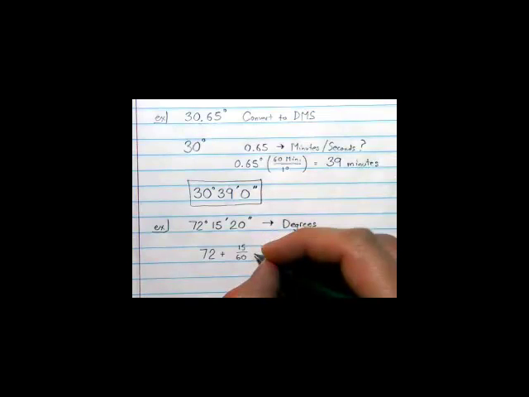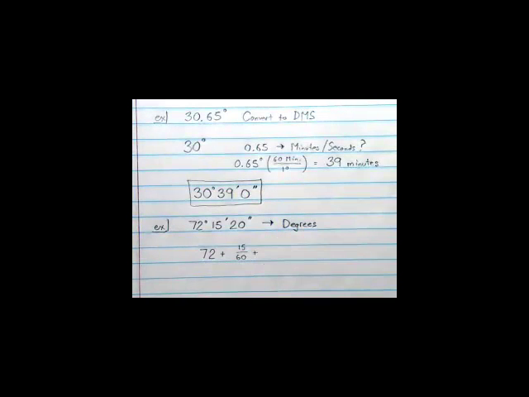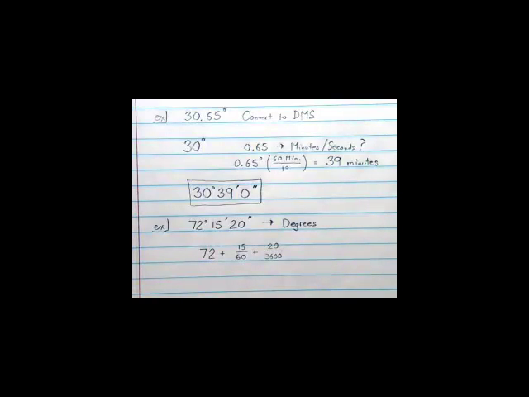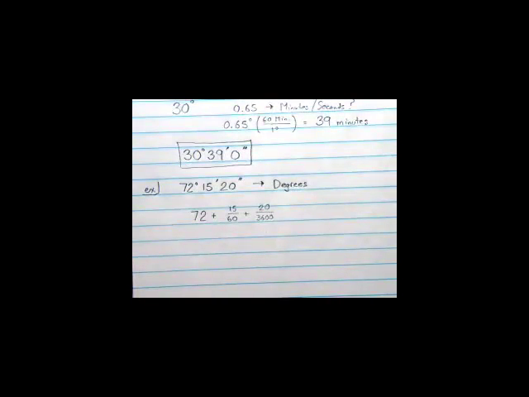And if I have 20 seconds, I have 20 3,600ths of a degree, right? Technically, that's 60 times 60, which is 3,600. So if I take these little fractions and add those together and then tack that on the end of 72, that should be my decimal then, right?